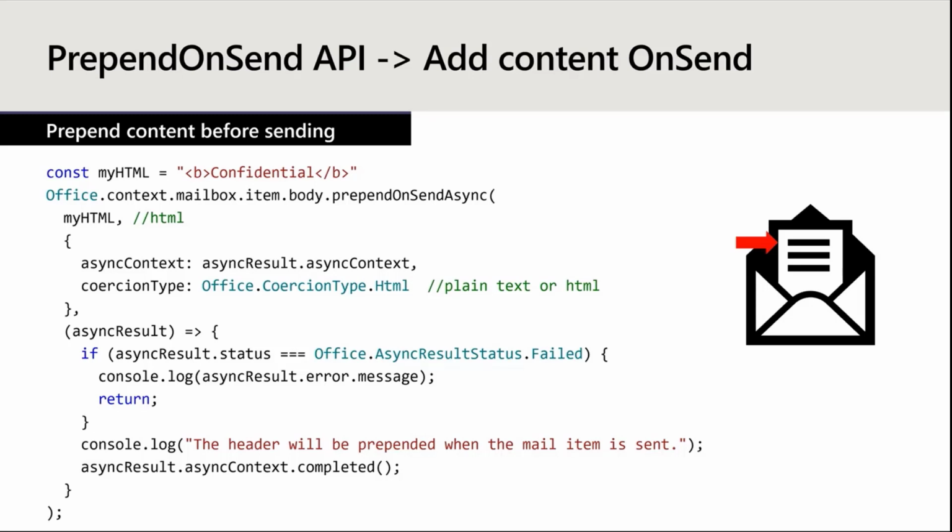The important thing here is to prevent the user from removing it, so you want to make sure that it always goes with the email. We shipped a long time ago an append on send API, which adds content at the end of the message. The prepend on send API is going to add the content at the beginning of the message before the item goes away. This is also part of Mailbox 1.13.